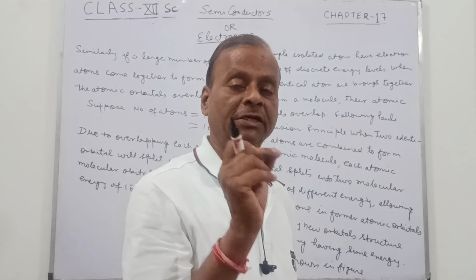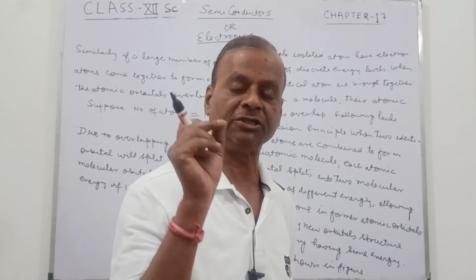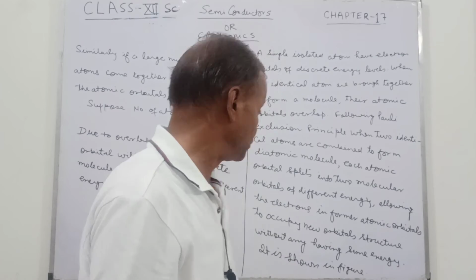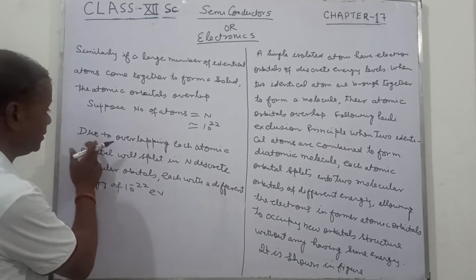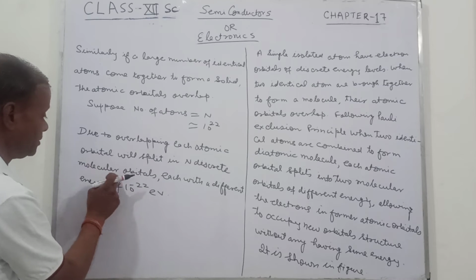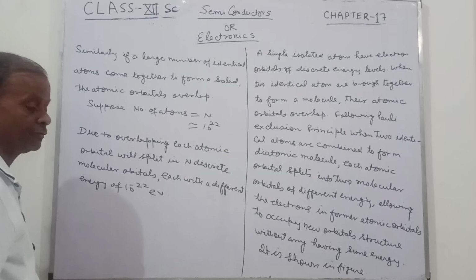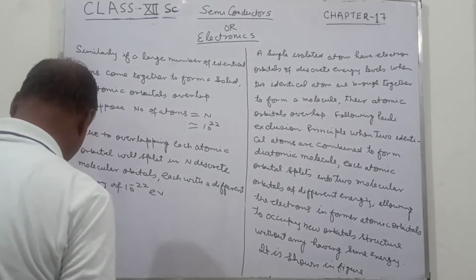So this is 10 raised to the power minus 22 electron volt, and you can find that this energy is very small. So this is what we have said here: due to overlapping, each atomic orbital will split into n discrete molecular orbitals, each with a different energy of 10 raised to the power minus 22 electron volt.